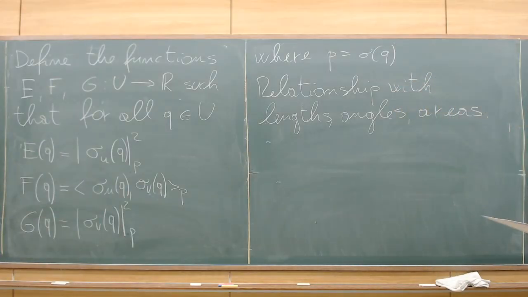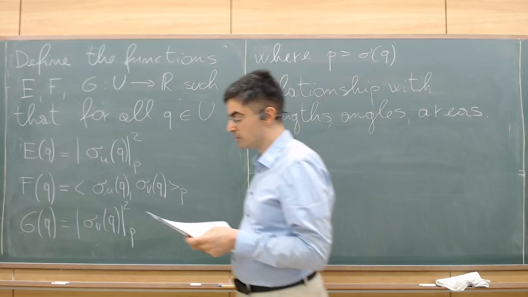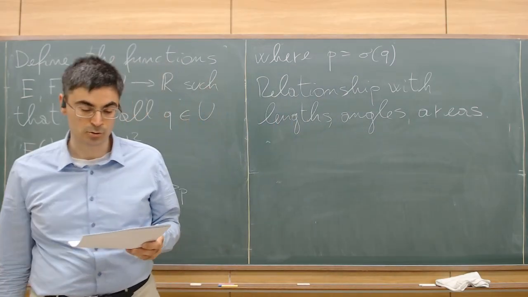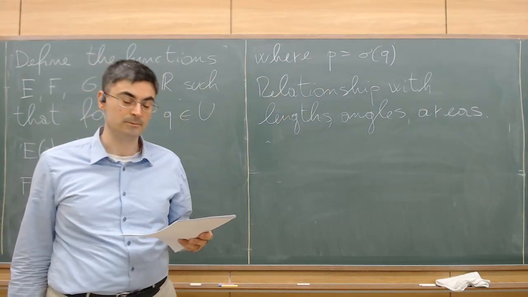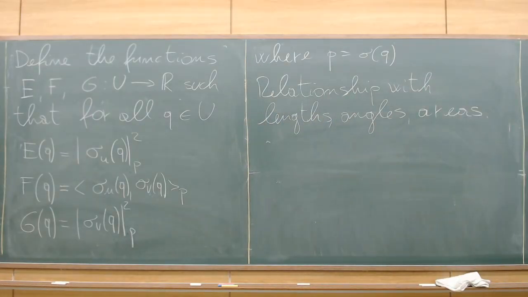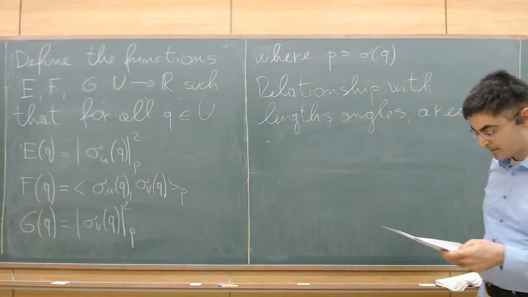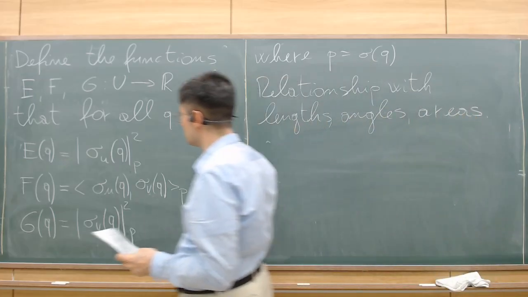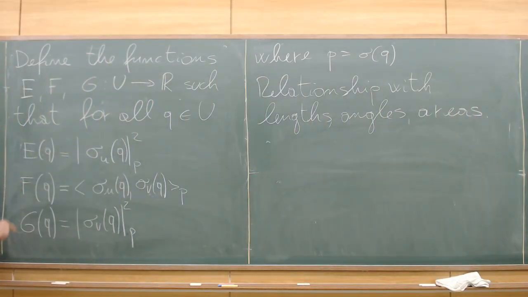We introduced in the past the notion of intrinsic measurement. A measurement is intrinsic if it depends only on the first fundamental form. So now we want to express this fact in terms of E, F, and G.